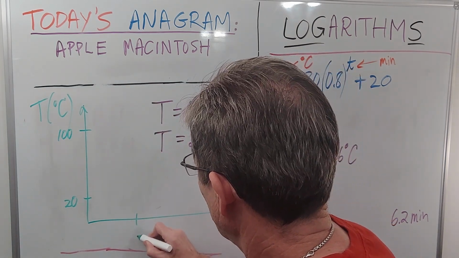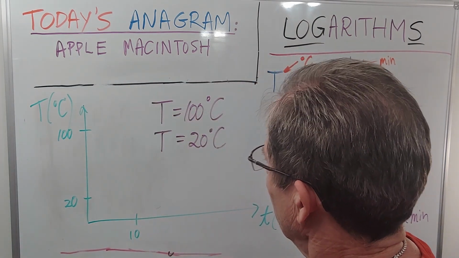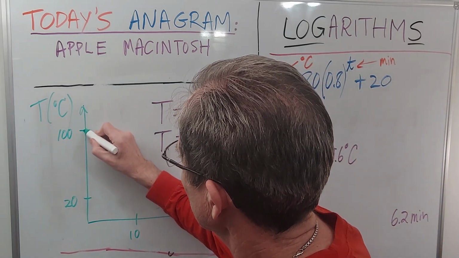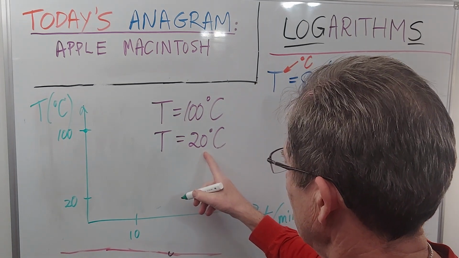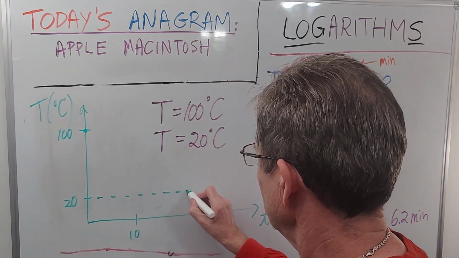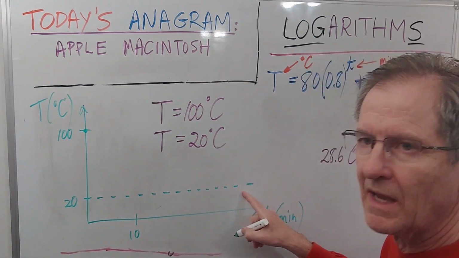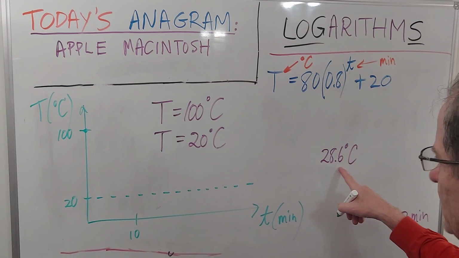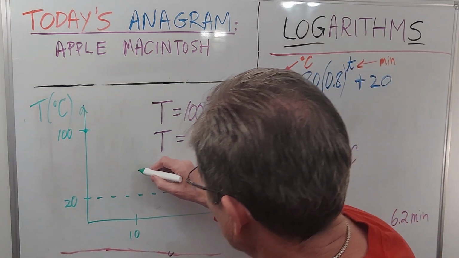10 minutes. Let's put it here. So the original temperature was 100. The temperature eventually is 20, so that the curve will decrease and approach this asymptote. At 10 minutes it was 28.6 degrees.